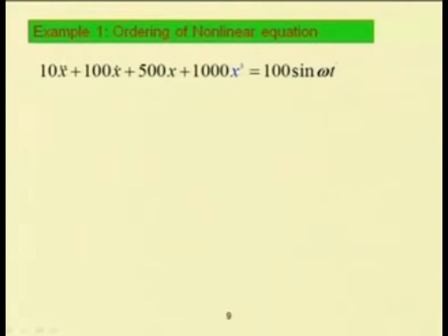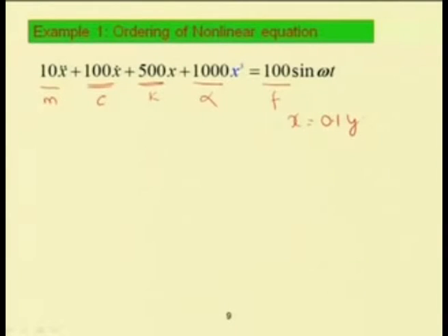Let us take one more example. This is 10 x double dot plus 100 x dot plus 500 x plus x cube, where 500 is k, this is c, this is m, this is alpha, and this is the forcing term. Let me take x equal to 0.1 y.